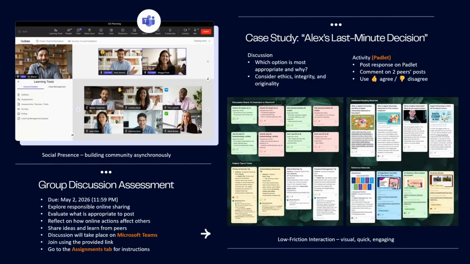The discussion will happen in Microsoft Teams, where they can share and respond to each other's ideas. Then they will also post on Padlet and interact with at least two classmates. This setup helps build a sense of community even in an asynchronous environment, and it keeps the interaction quick and engaging.